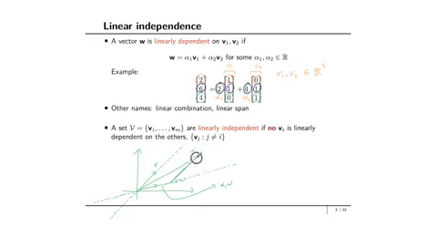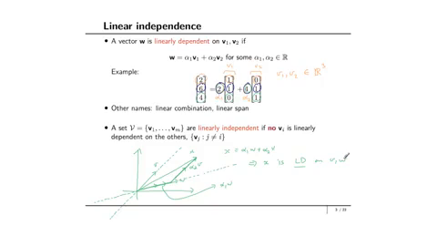This vector here is parallel to the vector v, so I can write it as some scaled multiple alpha 2 times v. Because x is the sum of this vector and that vector, you end up getting that x is equal to alpha 1 times w plus alpha 2 times v, which means that x is linearly dependent, LD for short, on v and w.